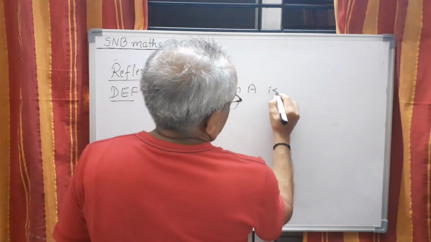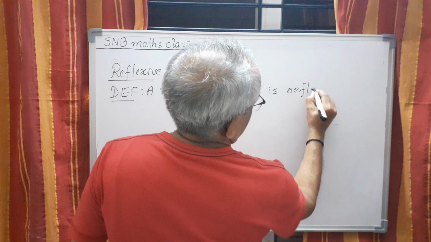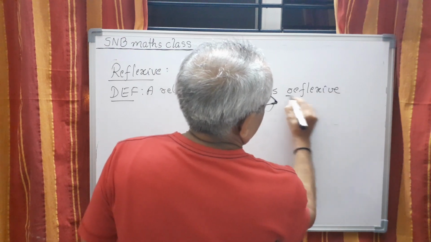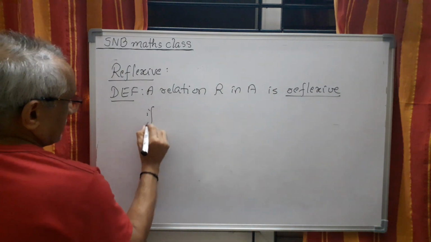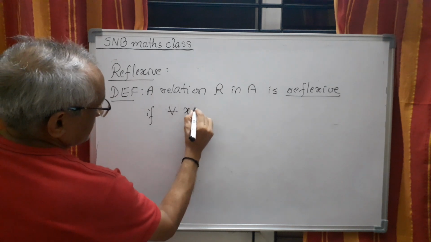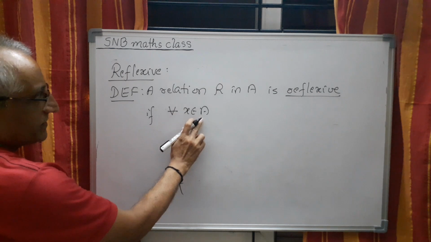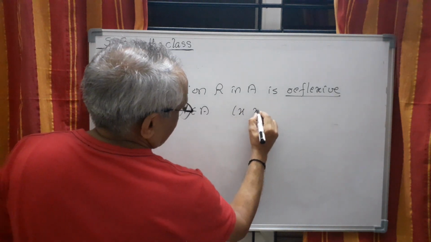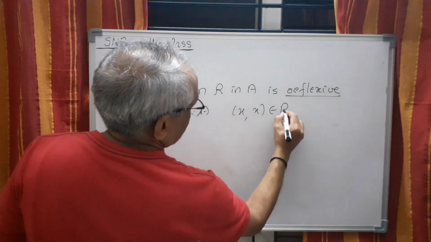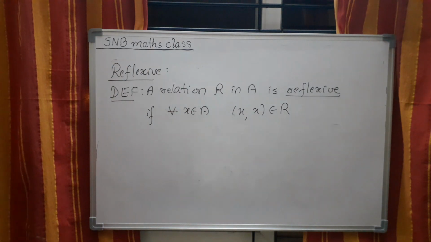So R is reflexive if for every x belonging to A, (x, x) must be in R. So this is the condition.